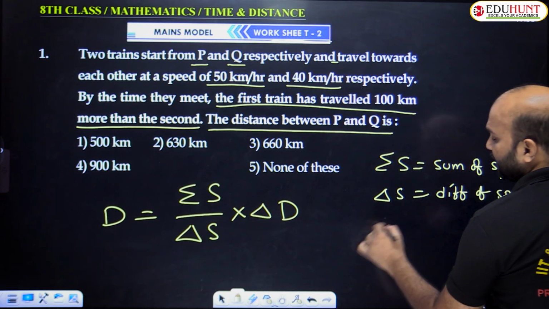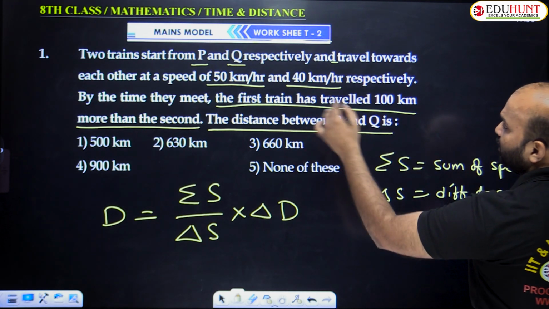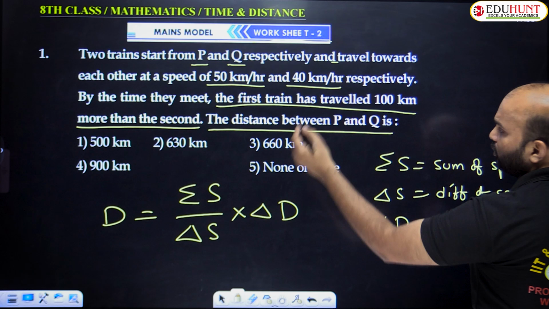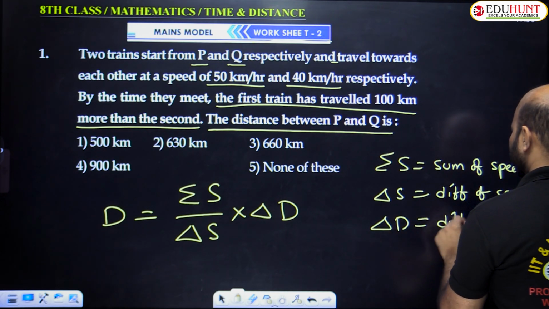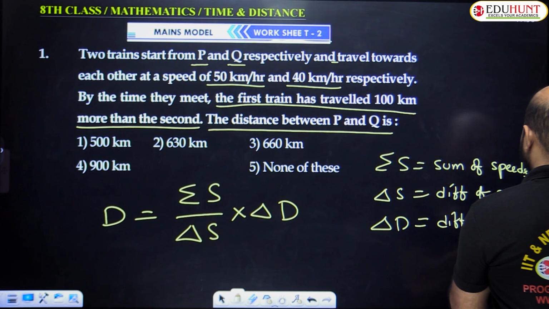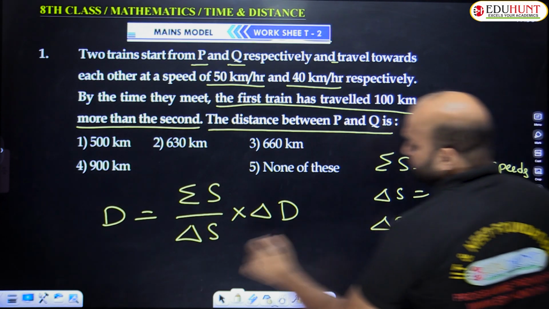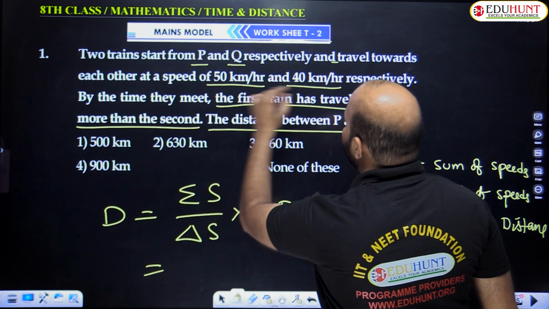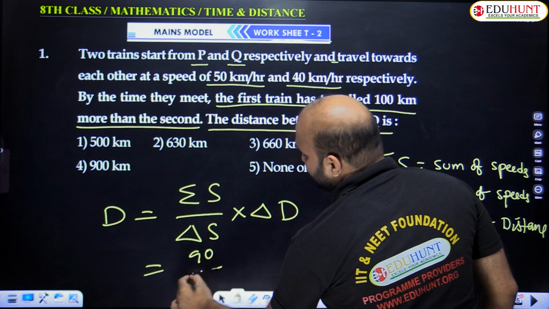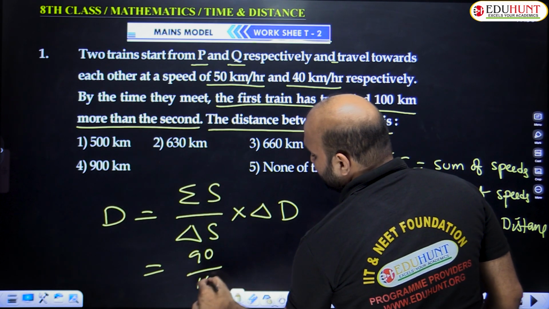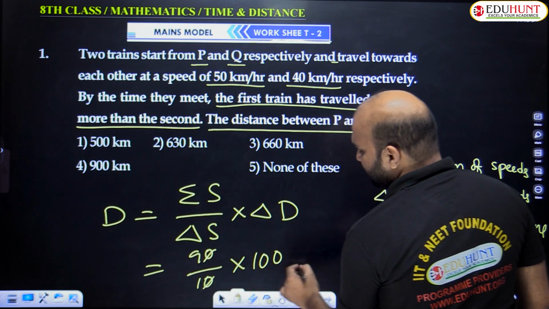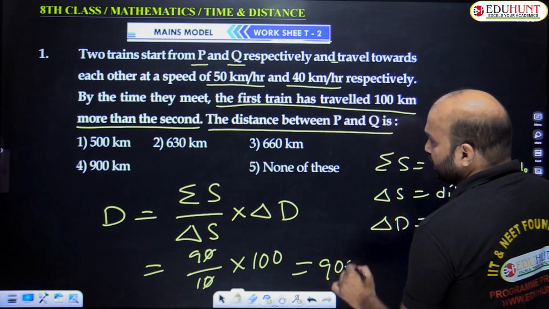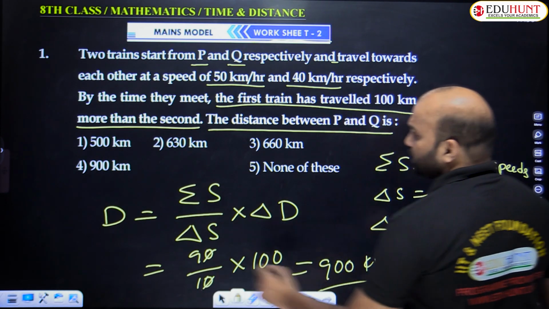Am I clear? Delta d means one train already covered 100 km more than the second train, nothing but the difference of the distance. So put those values in the equation: sum of their speeds, 50 plus 40, 90, by difference of their speeds, 10, into difference of distance, 100 kilometers. So the zeros cancel, 9 into 100, 900 kilometers. Option 4 is the right answer.